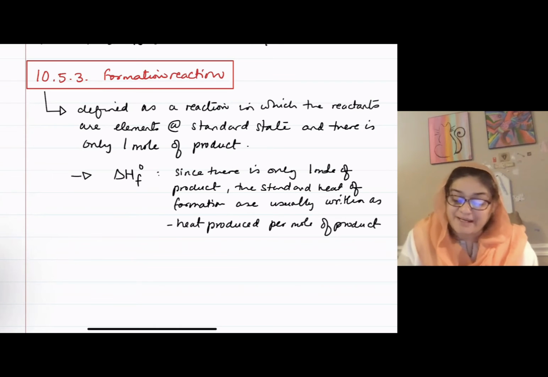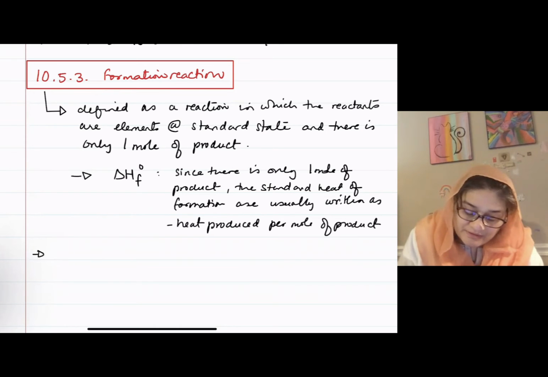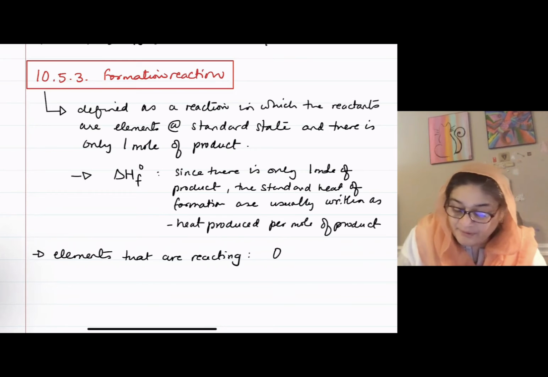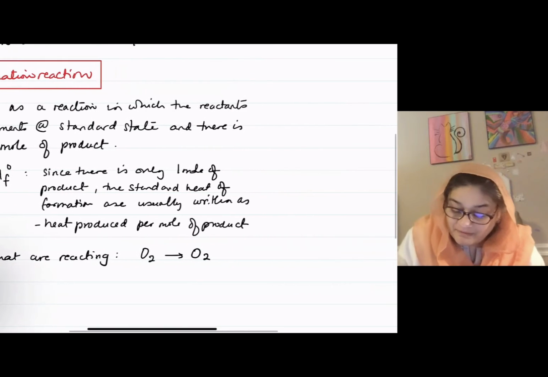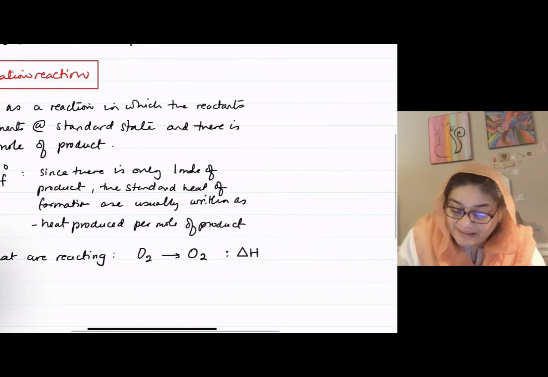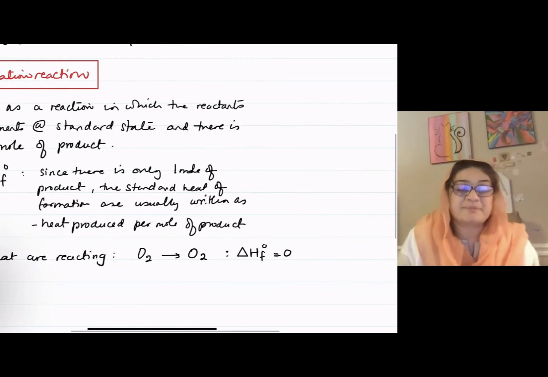Understand, if you have elements that are reacting, so for example, oxygen going to oxygen, its delta HF0 will always be 0.